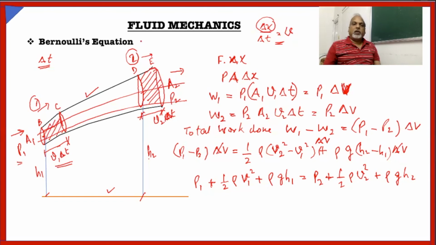That means the sum of this remains same. That means we can write it as P, pressure, plus half rho V square plus rho g h. This remains constant.